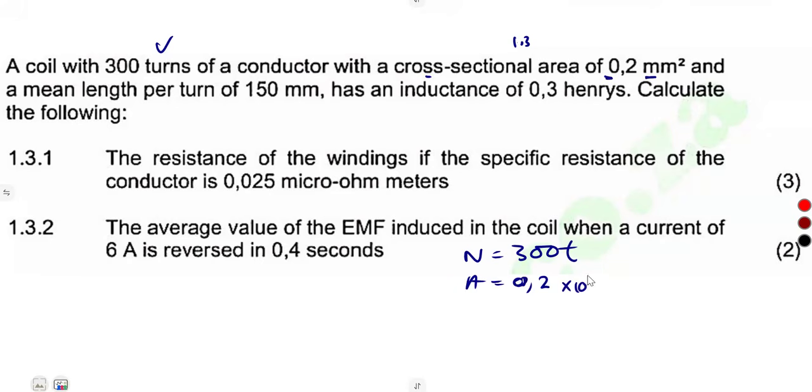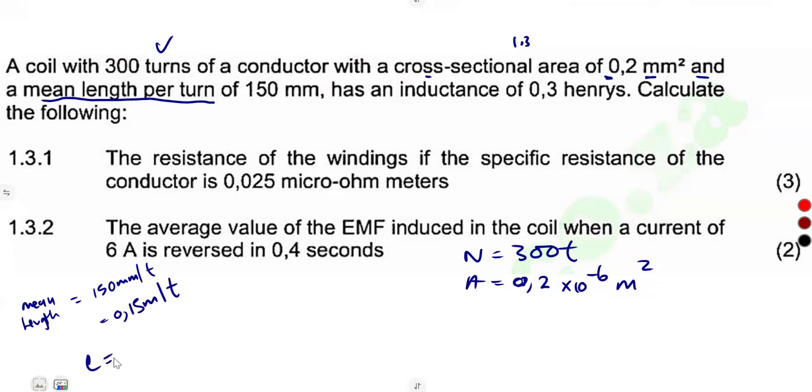So that's 0.2 times 10 to the exponent of -6 square meters. And the mean length per turn, guys, take note of what you're given there. It's 150 millimeters per turn, which in meters is divided by 1000. That's 0.15 meters per turn.